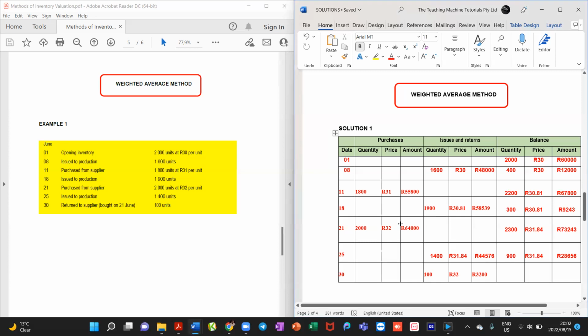You only add if it's purchases. Issues and returns, you minus. So 900 minus 100 is 800.